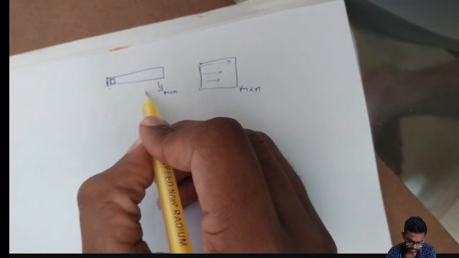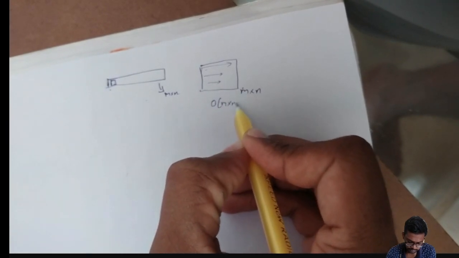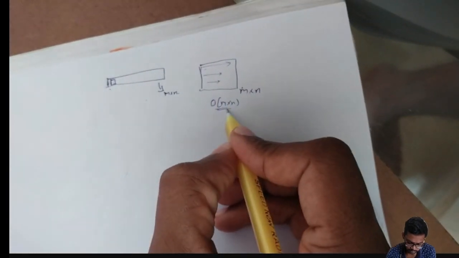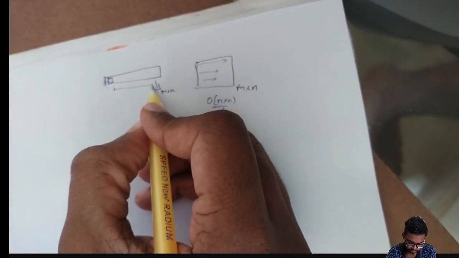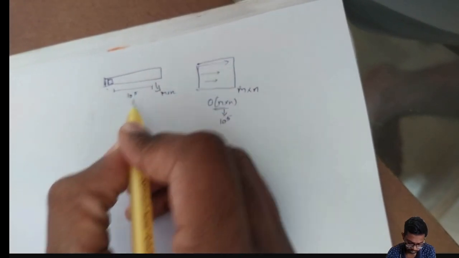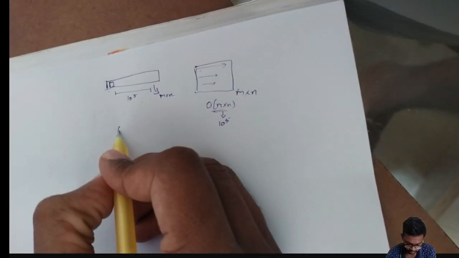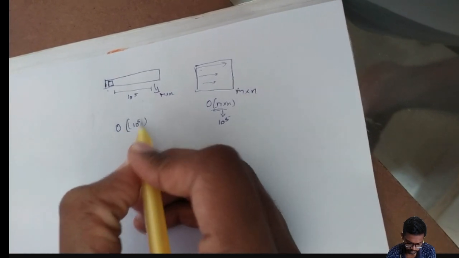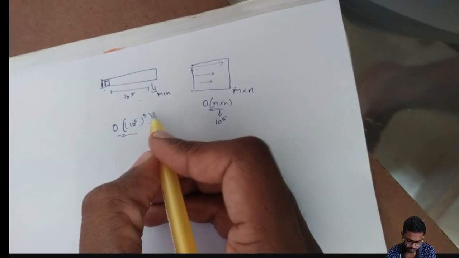Searching for this element may take big O of m into n time complexity, which is at max 10 power 5. And here also we have 10 power 5 elements. So if we go in this fashion, our time complexity would be 10 power 5 whole square. So we need to optimize the way we search for the element.